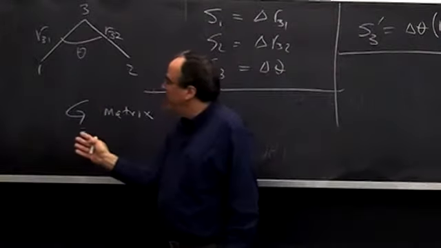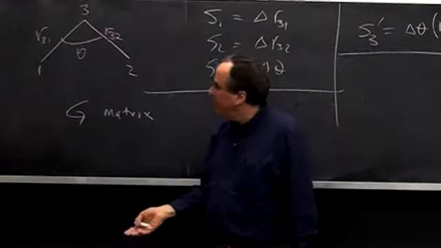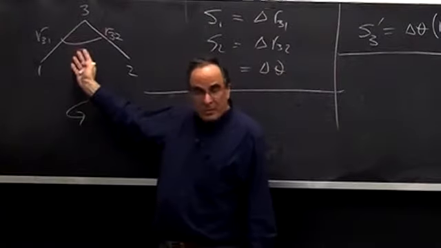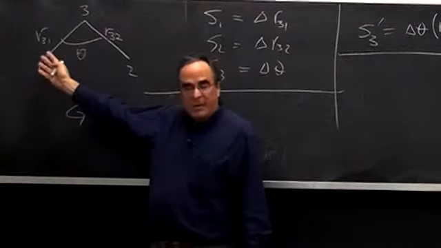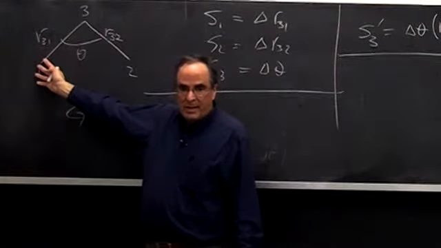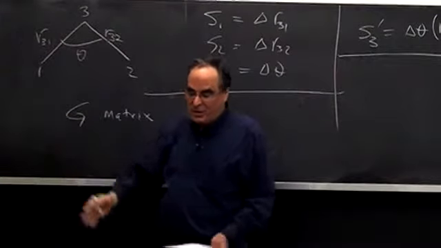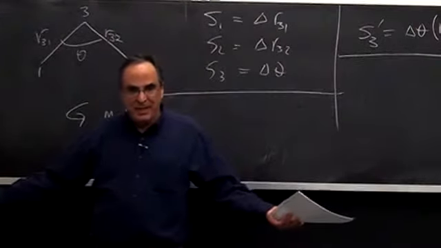When we're worried about the vibrations of polyatomic molecules, the internal displacements involve a very small number of atoms: 2 for a stretch, 3 for a bend, 4 for a torsion. And you can have much, much bigger molecules than that.